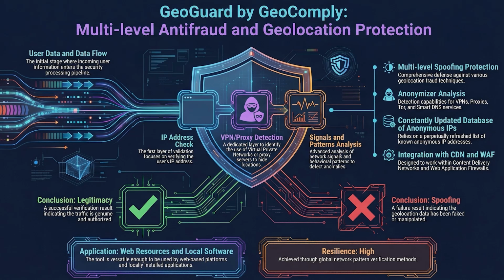GeoGuard is software installed on a user's computer to determine their precise geolocation and, accordingly, permit or restrict them from performing certain operations on a web resource or other local software. In particular, I gave an example with online gambling platforms. A vivid example. When I first encountered GeoComply in 2021, everyone was seeking a solution for working with them, and I found it in just a few days.